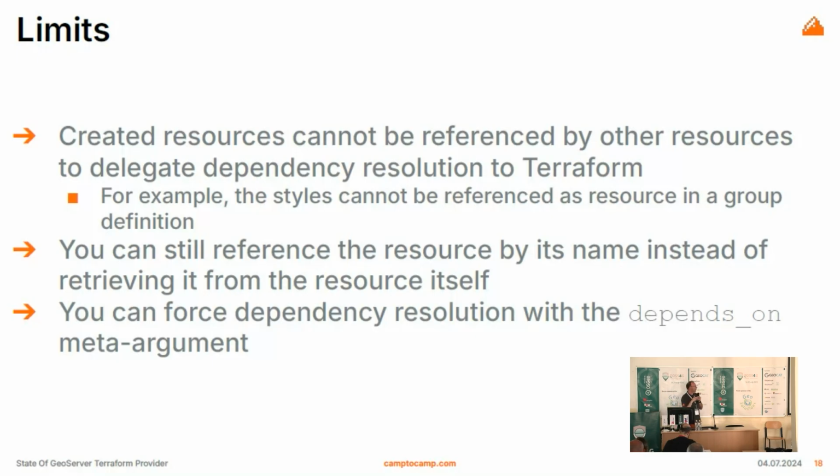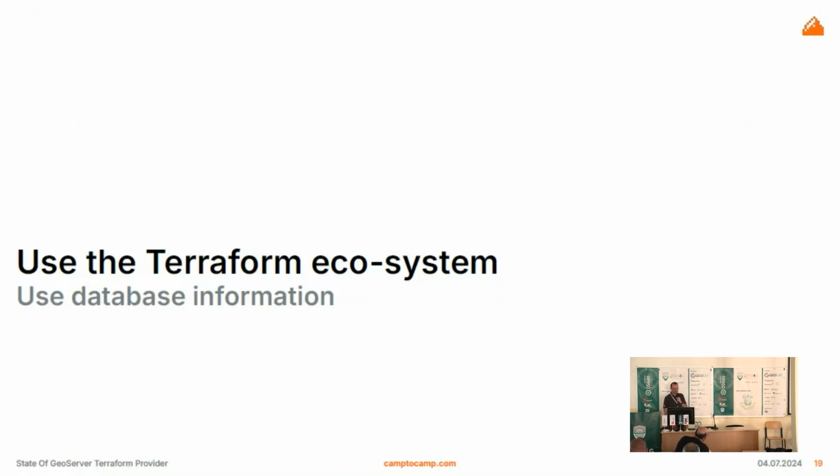You can put the name, style for .css, for example, but you cannot use a Terraform resource to do the cascading. But you can at least force some kind of dependency by saying, for my group, I have a dependence on a style that you don't know, but that you can find later to create. So don't create the group before creating, for example, all the styles.